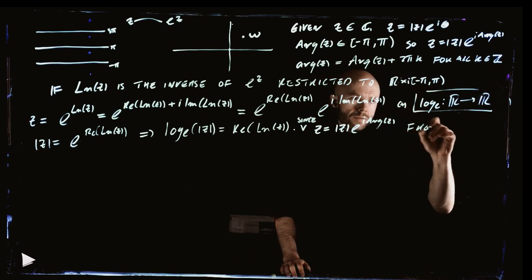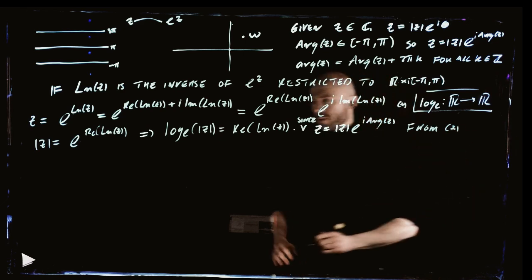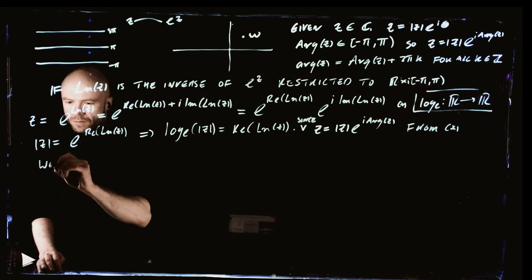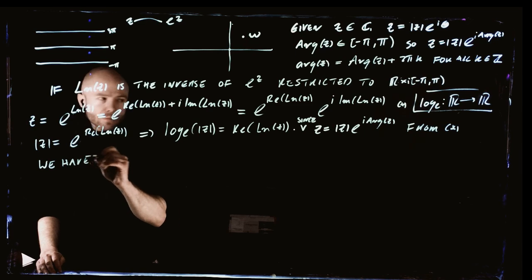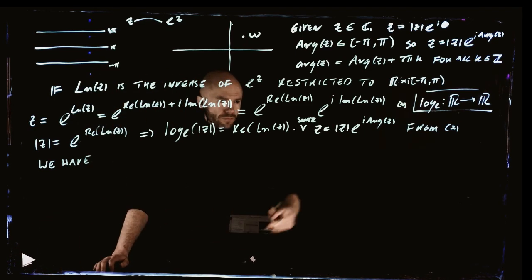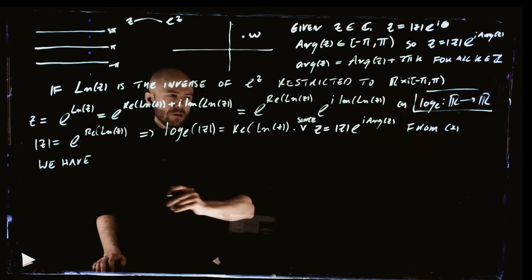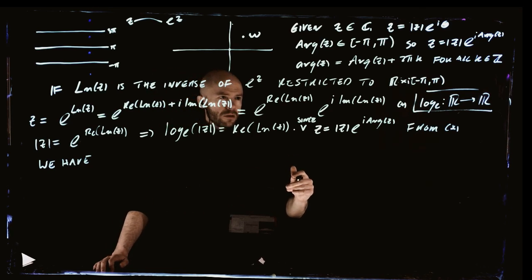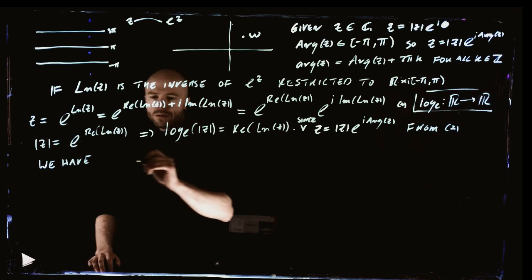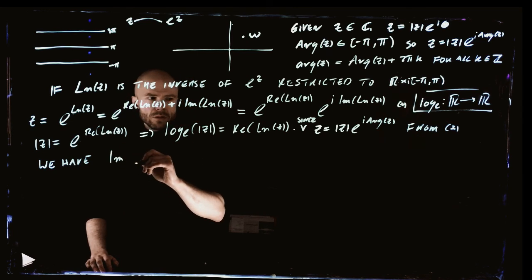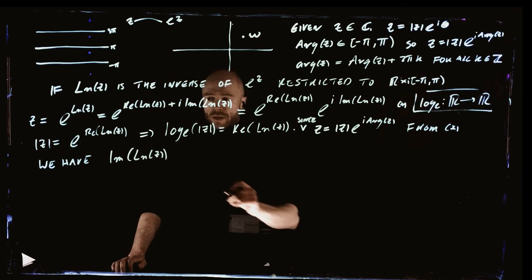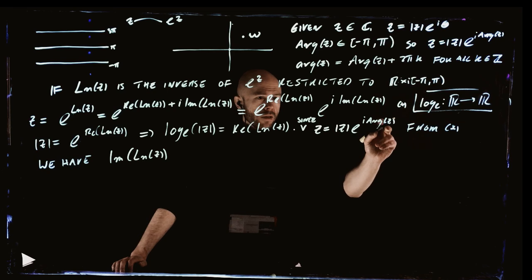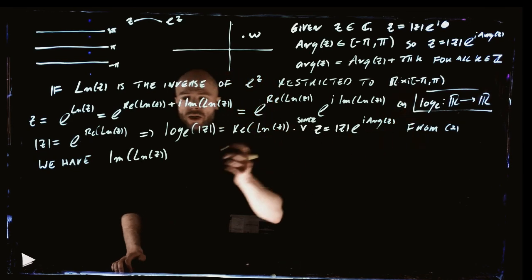From star, we have that the imaginary part of log z has to be equal to this thing plus any 2 pi k, right?